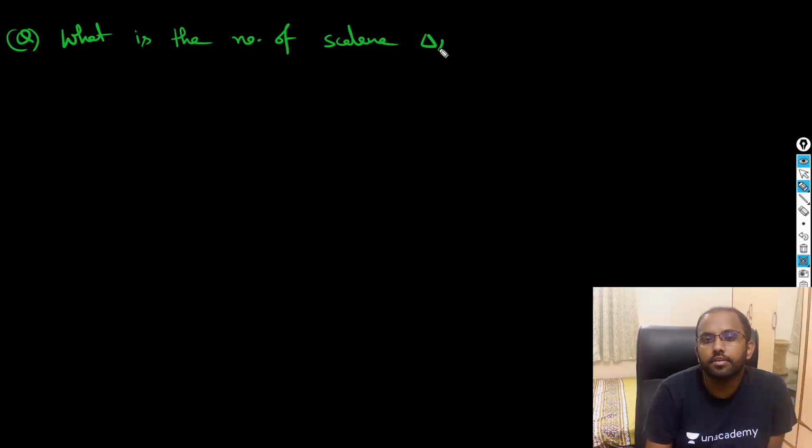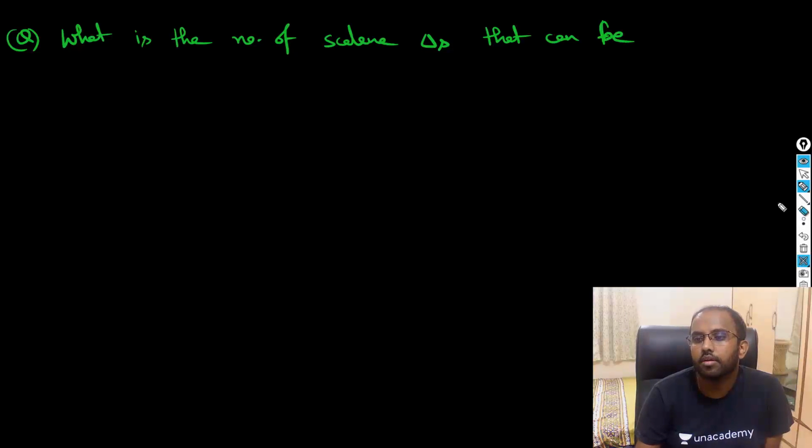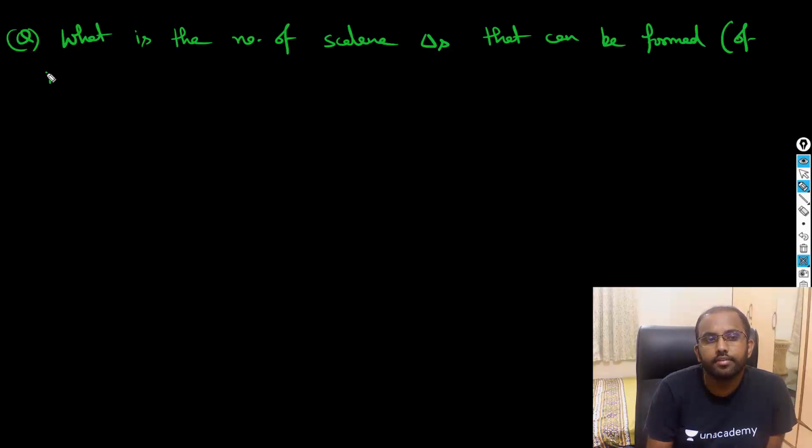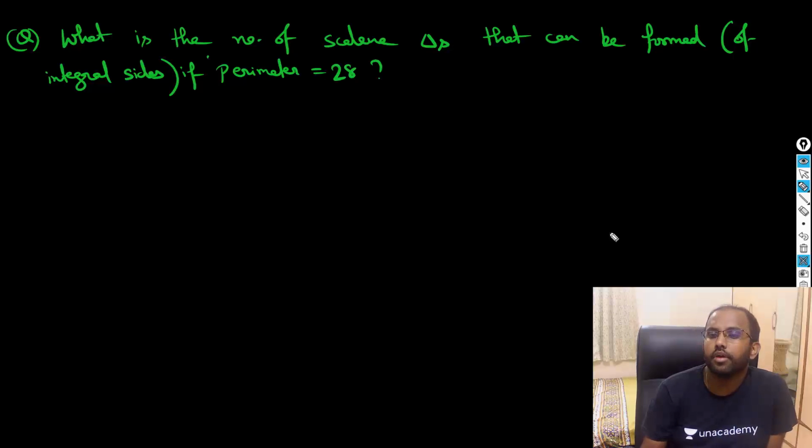So basically the question is: what is the number of scalene triangles that can be formed, of course of integral sides, if the perimeter is equal to 28? Okay, so we know this funda, right?